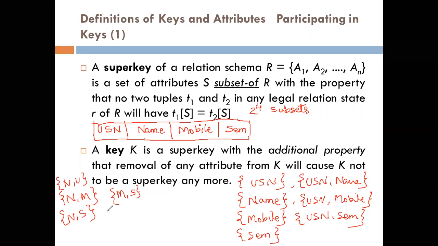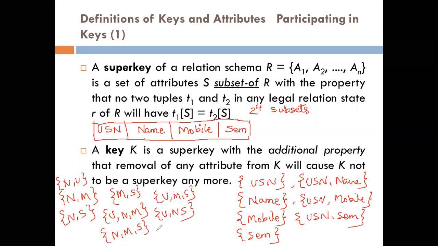Next, three. If we consider three, then we will have USN, name, mobile; then name, mobile, semester; then another one, USN, mobile, semester; and another one, USN, name, and semester.